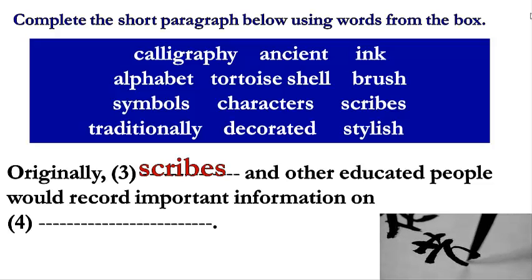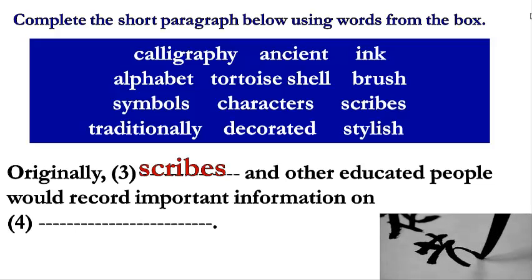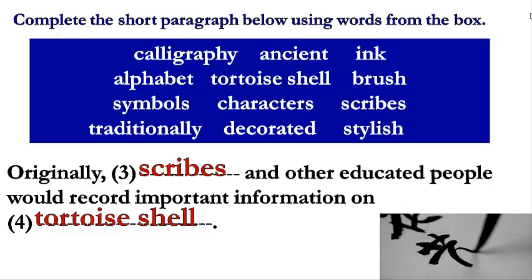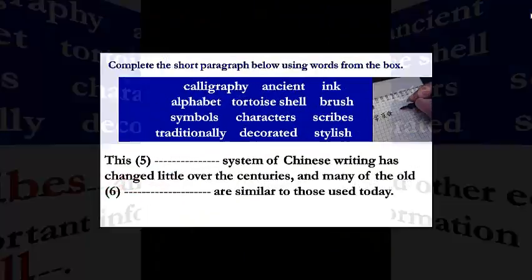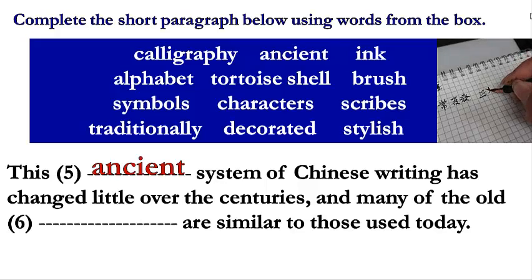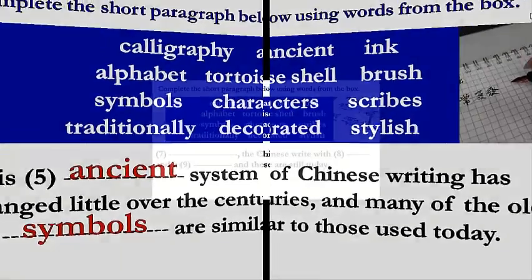Scribes and other educated people would record important information on 4, tortoise shell. And 5, this ancient system of Chinese writing has changed a little over the centuries, and many of the old symbols are similar to those used today.